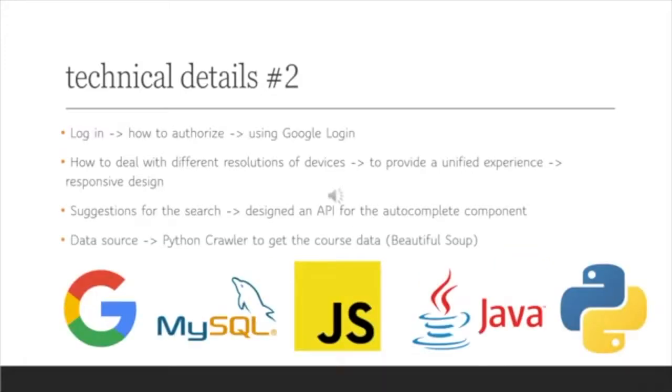Here comes the second page of the technical details. The biggest question so far when we got started is how to deal with the login problem, because we don't want to develop a user management system, like a user center that provides functionality like users can change passwords, get a verified email or something.